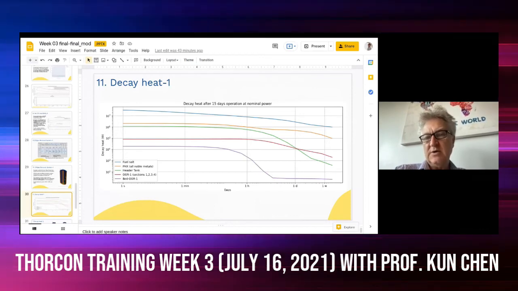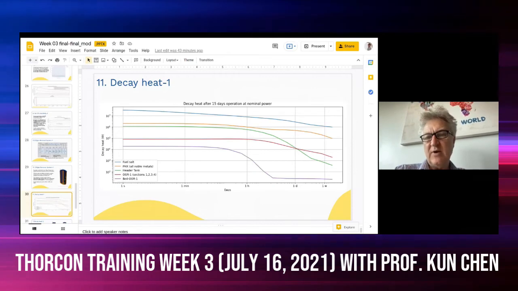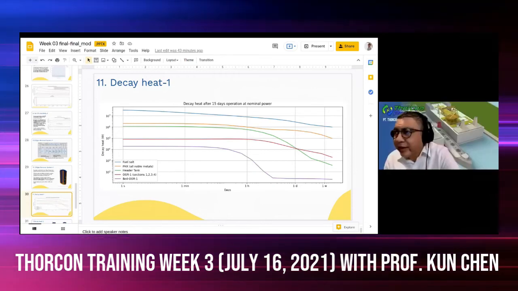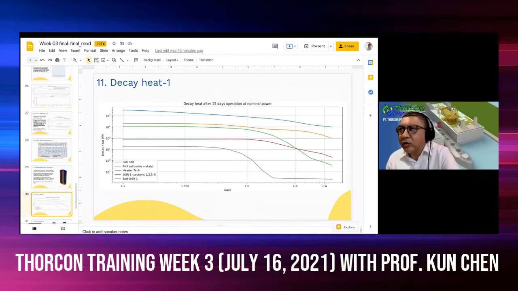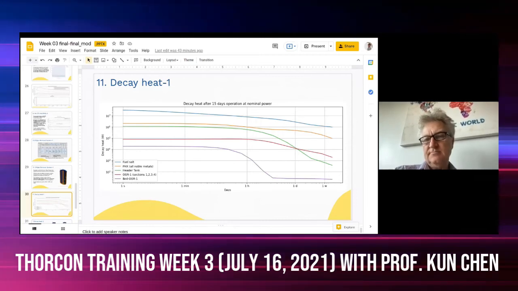That is where we would choose to set the minimum power level for steady state operation. All right, so 40% you can maintain sustainably for steady state operation. That's about 200 megawatts. Yes. All right, that's good enough.